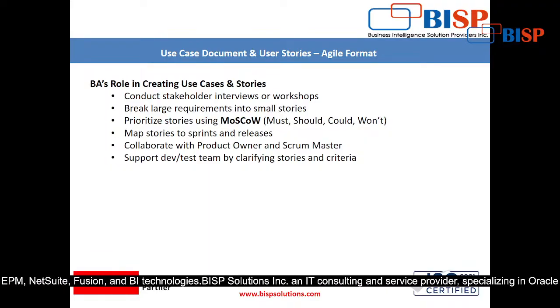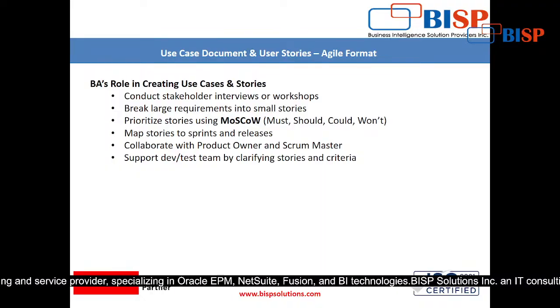Prioritize stories using MoSCoW: must, should, could, won't. Must means what things are a must, how it should flow, and what could we do better in that, and what we won't be able to do.